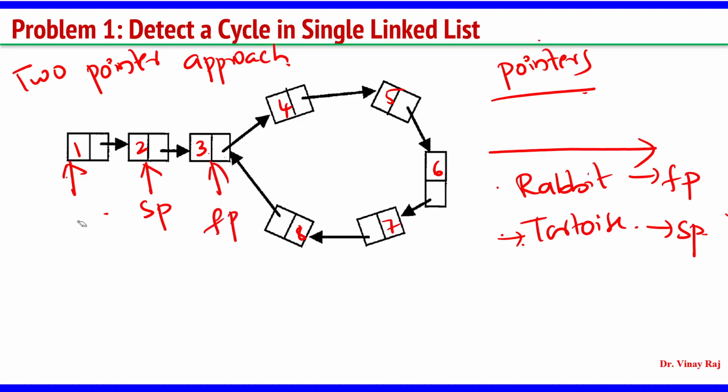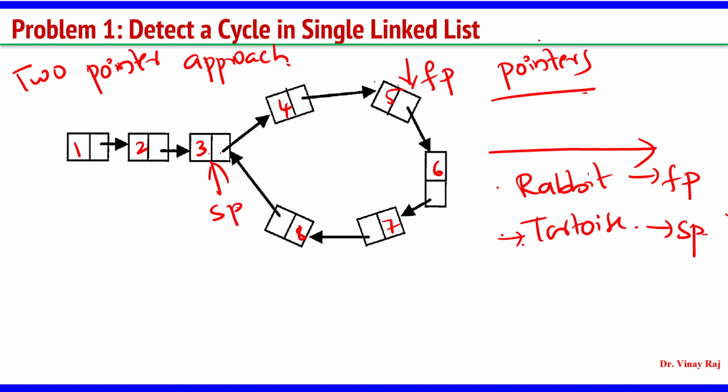From 3, the next fast pointer will be at 5, because it will leave 4 and come here. So here is my fast pointer, and here is my slow pointer.